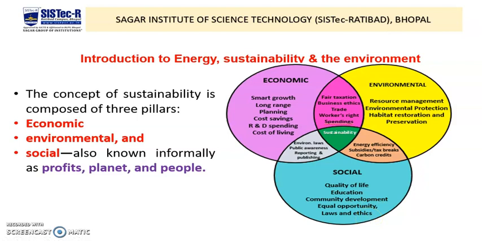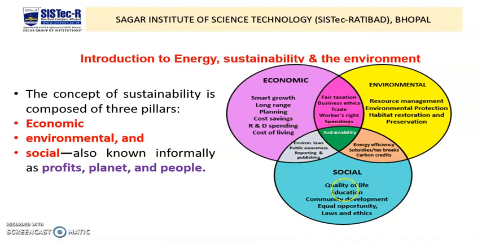And the intersection of these diagrams shows economic and environmental sustainability gives fair taxation, business ethics, trade, workers' rights, and government spendings.